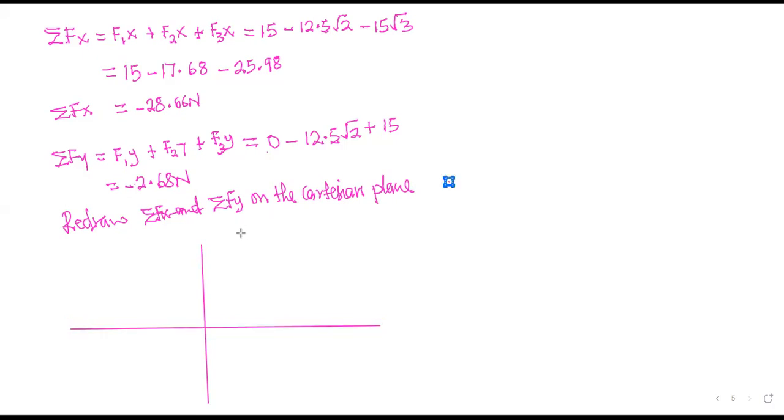So summation Fx is a negative value. So we'll place this along the negative x-axis. Here we are going to write the magnitude because we have already taken care of the direction.